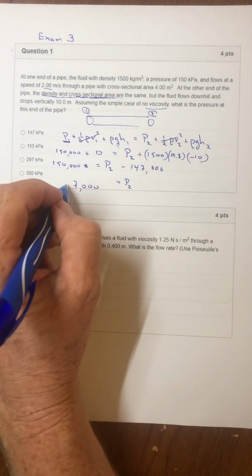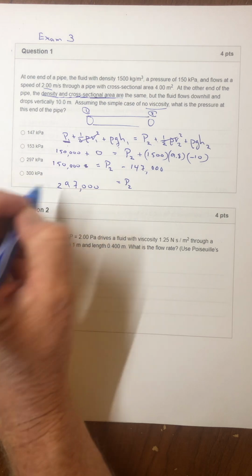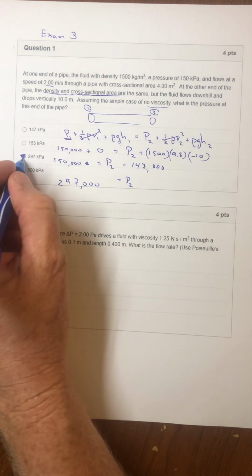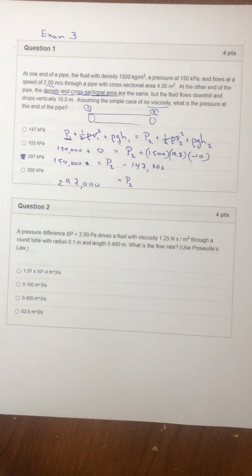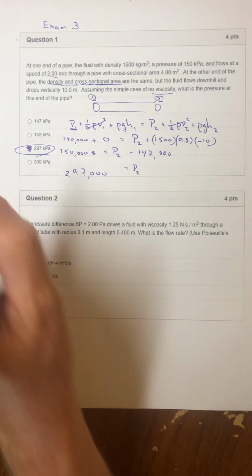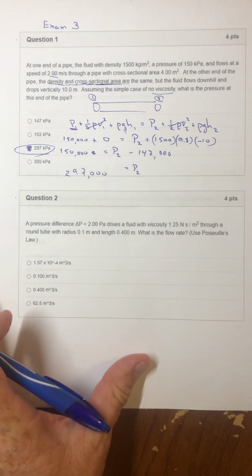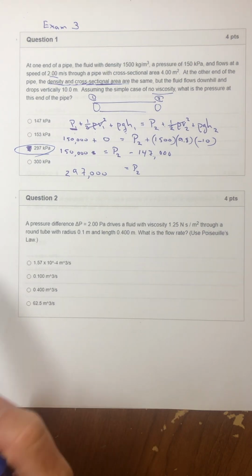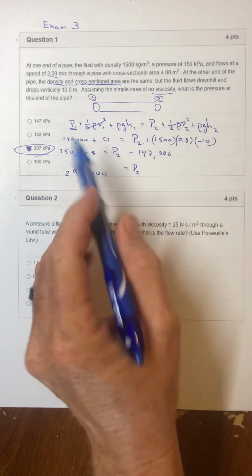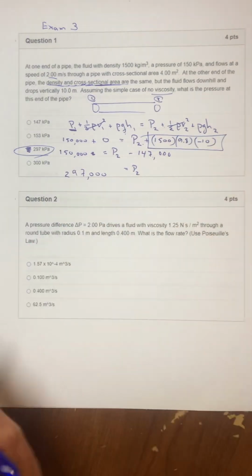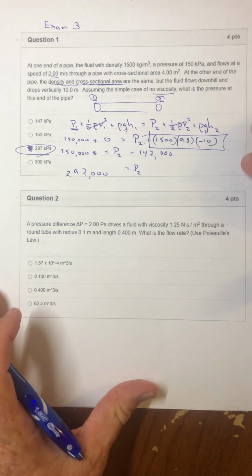That makes a 7, that makes a 9, and that makes a 2. So 297 there. I guess that would be C if you wanted to describe it that way for number 1. Okay, so 297 kilopascals. And basically, the short answer is the pressure just increases by this little formula here.